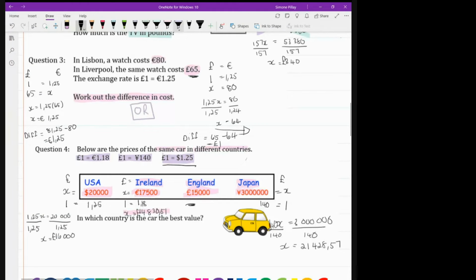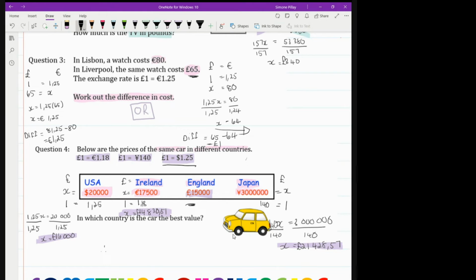Now, based on the calculations we have done, you guys tell me which country is the country where the car has the best value. 100%, it's going to be Ireland. And so you would conclude and say, Ireland is the country in which the car has the best value.